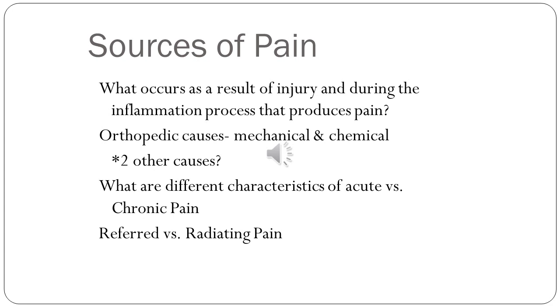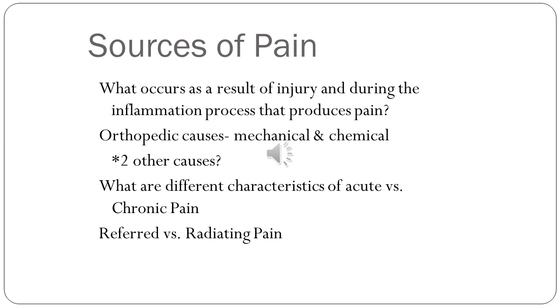So again, in looking at sources of pain, when we look at the inflammation process, we know that there are various things that cause pain. Again, the actual damage to tissue itself, which is going to damage nerve fibers in the process.